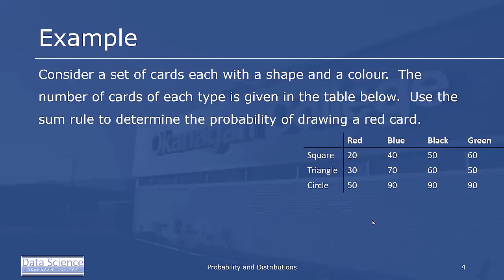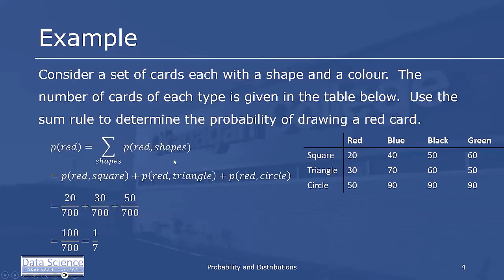So the probability of drawing a red card is equal to the sum over all of the shapes of the probability of drawing a red card with each individual shape. So we have the sum of the probability of red and square, plus the probability of red and triangle, plus the probability of red and circle.